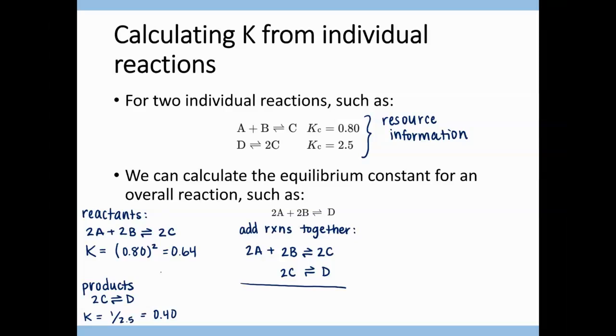Just like canceling out what's on the product side and the reactant side, the only thing that's repeated is this 2C, which is on the product here and reactant over here. So we can cancel those out, and the overall reaction is 2A plus 2B forms D, which is what we are looking for.